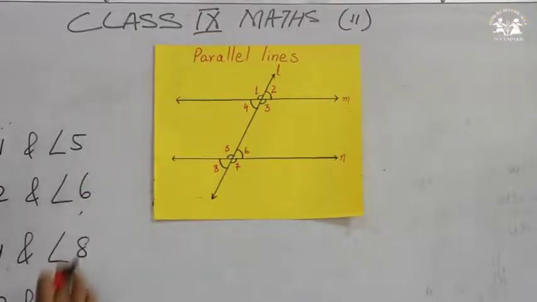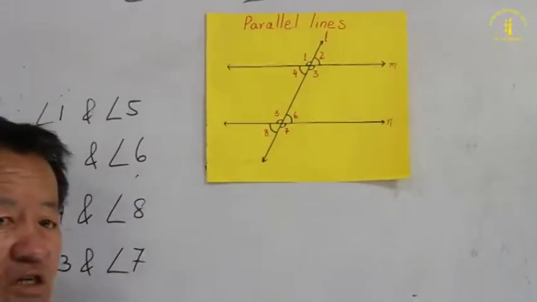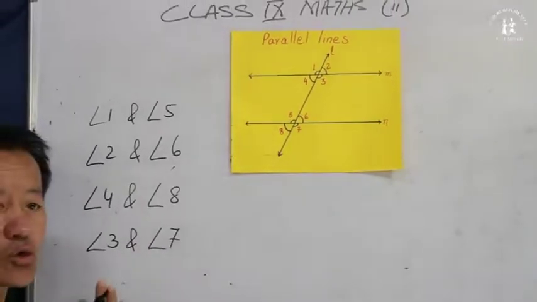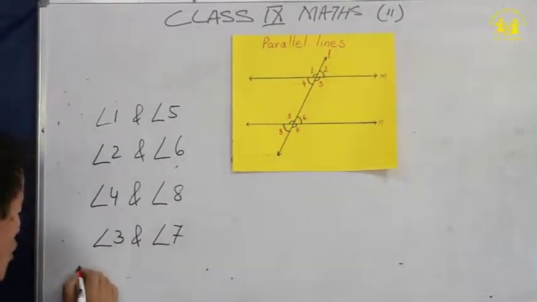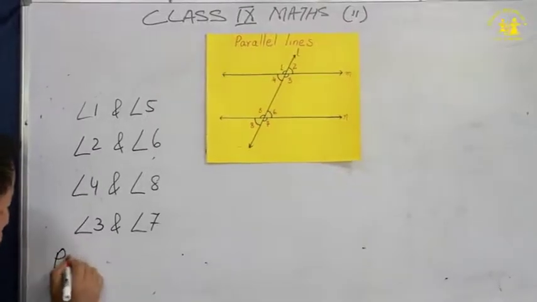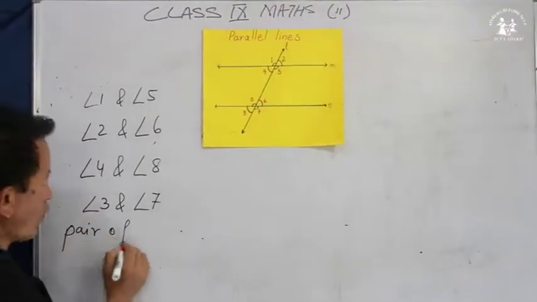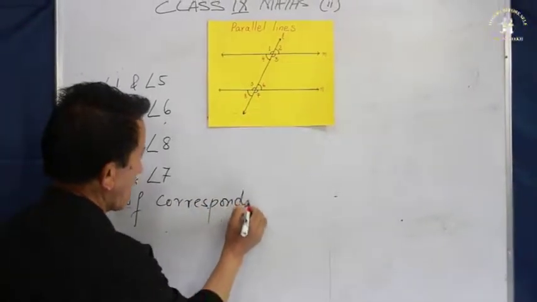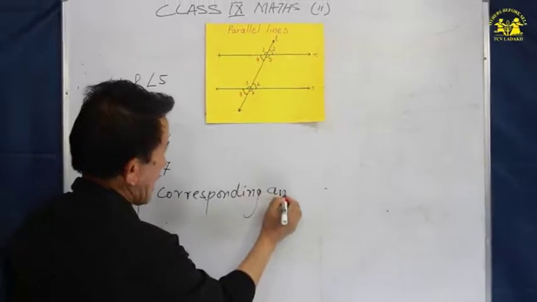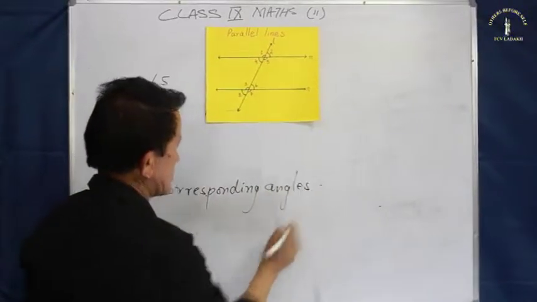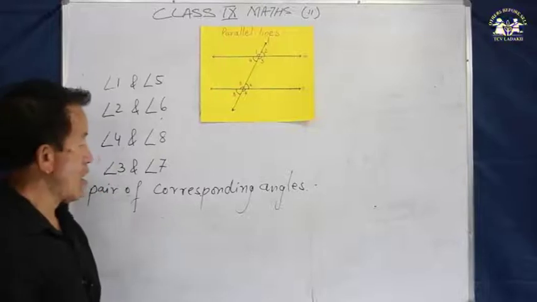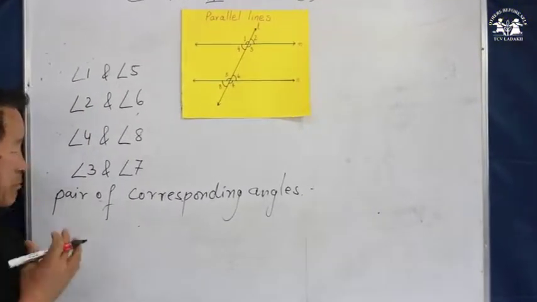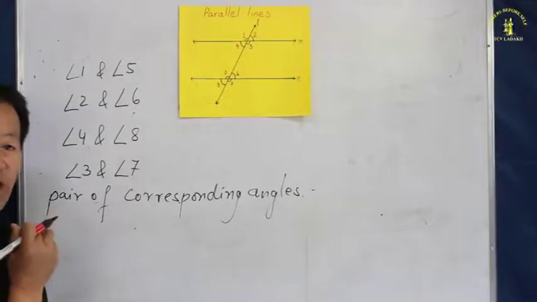So we get four different pairs of angles, and these are called pairs of corresponding angles. Now the question is, how do we know that they are corresponding angles?